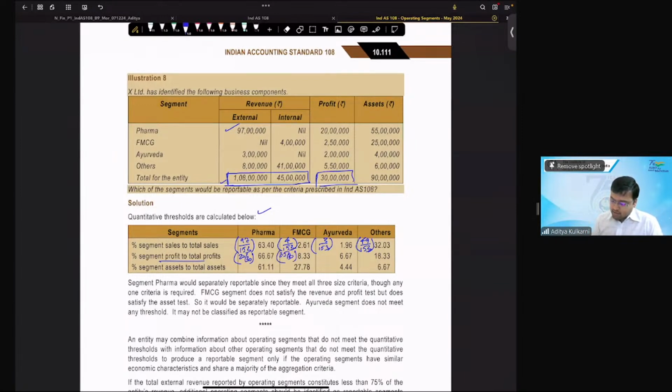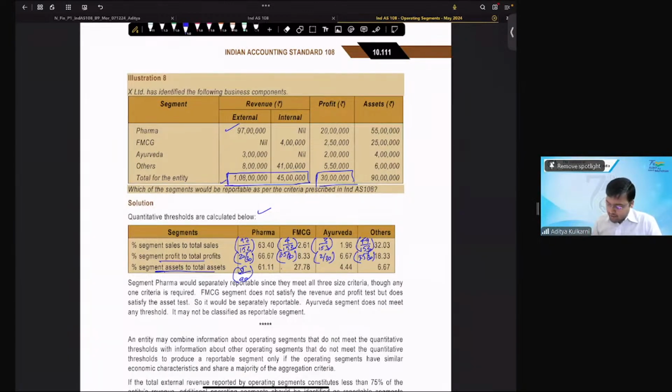And last is going to be 2 by 30, 6.67. Others 5.5 by 30. Then percentage of segment assets to total assets: 55 by 90, 61.